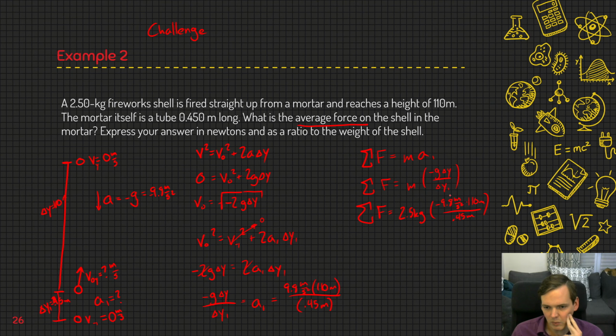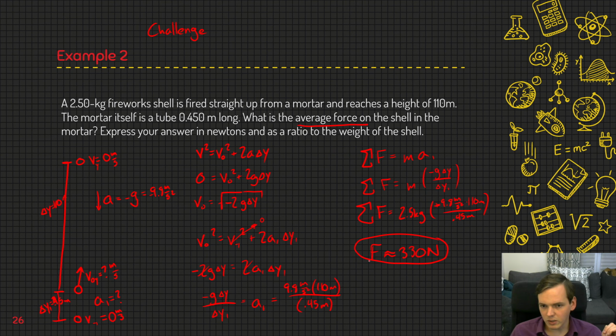So if we double this, I'm going to say that doubles to about 20. Sorry, that should be a positive because the g was a negative. So 20 times 110 is 2200, times 2.5 is going to be approximately 330 newtons. That's not going to be the best approximation, but it'll be close. So that's our answer in newtons.